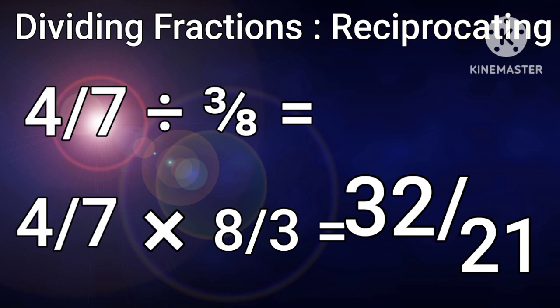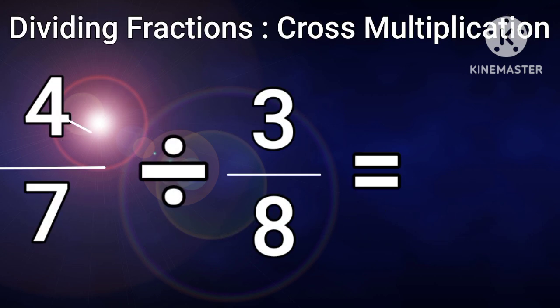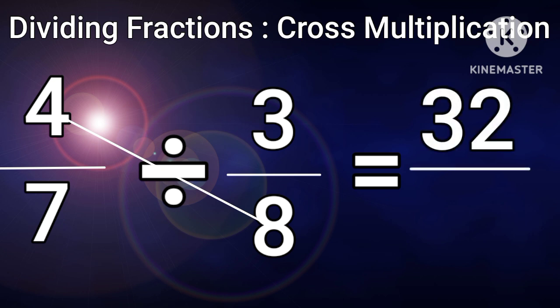Let's try the second method. First, multiply the first numerator and the second denominator, and that answer will be our numerator. So it becomes 4 times 8, which is 32. That will be our numerator.